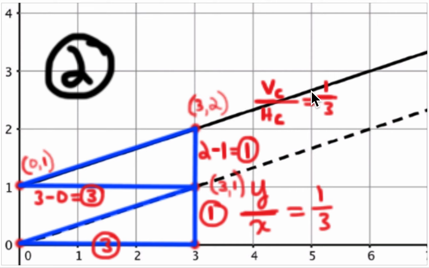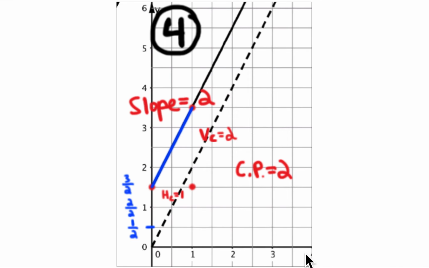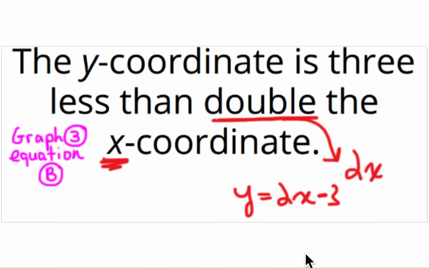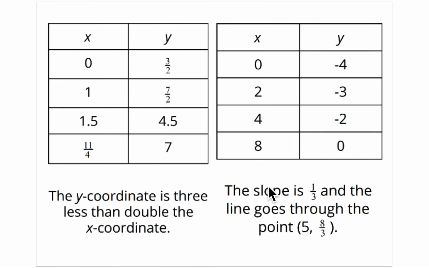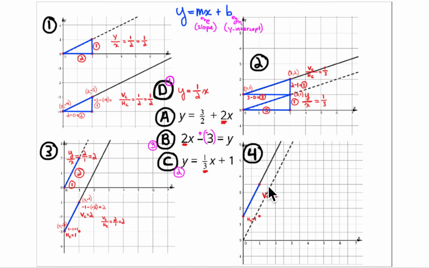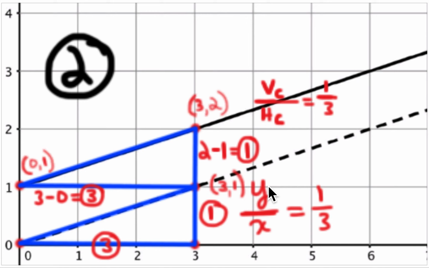I'm sorry, up here. Oh, 8/3, sorry. So this is 5, this is 8/3. So 8/3 is 2 and 1/3. So let me go back. Sorry about this. So this point you go out to 5, and this is 8/3.